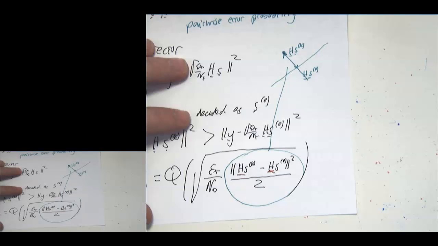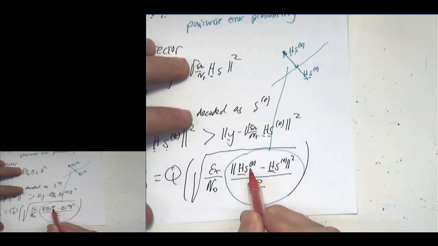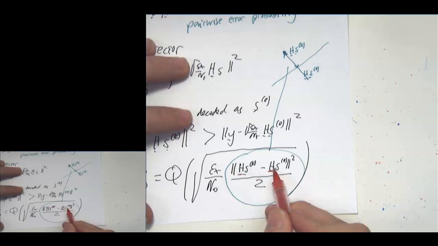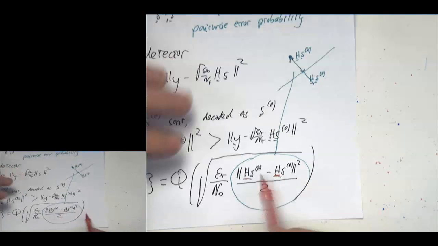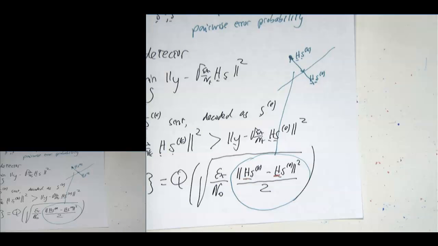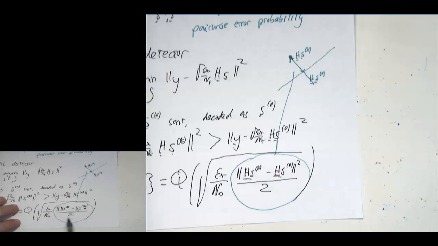So what's actually important is the product between h and that vector s of k, and the product between h and the other vector s of L. That's another one of the differences. So essentially, the pairwise error probability generalizes to the vector case, and its generalization looks like this, where this is the minimum distance over 2.